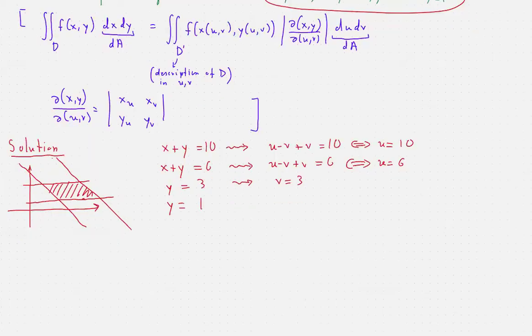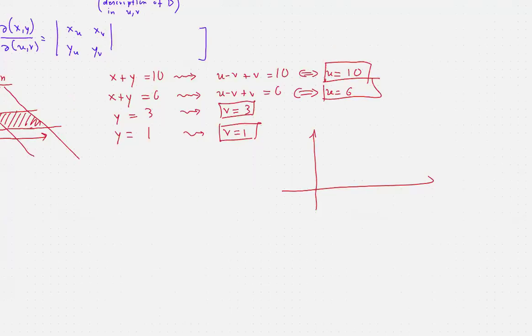So here are the new boundary lines. So obviously what we're dealing with is a very nice rectangle. So let's say u equals 6 is here, u equals 10 is here, v equals 1 is somewhere here, v equals 3 is somewhere here. Again, my proportions are certainly off, but we get the picture that we have a very nice rectangle that looks like 6 to 10 cross 1 to 3.